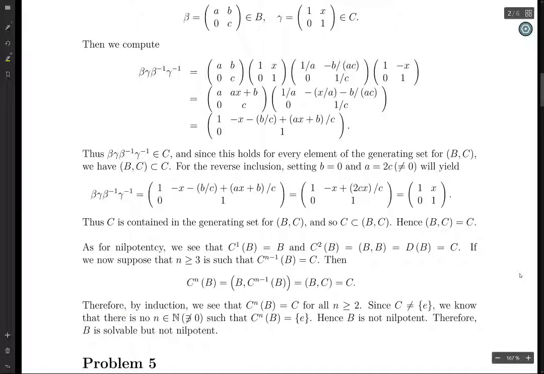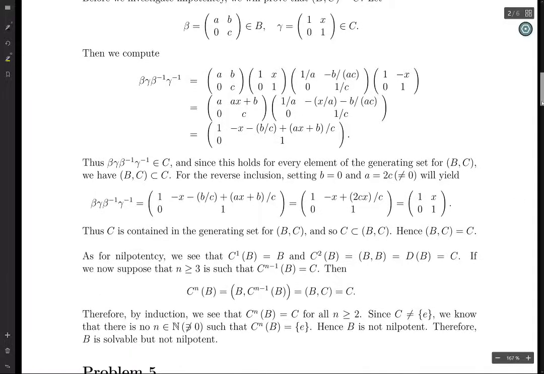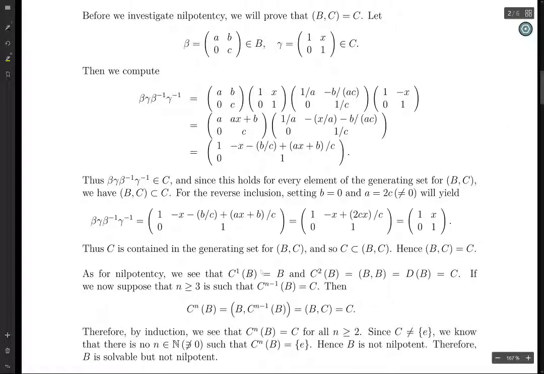Okay, and that pretty much finishes off nilpotency, because then we take C1 of B, which is just B, and then C2 of B is the commutator of B, which is C. And then you just use induction here.